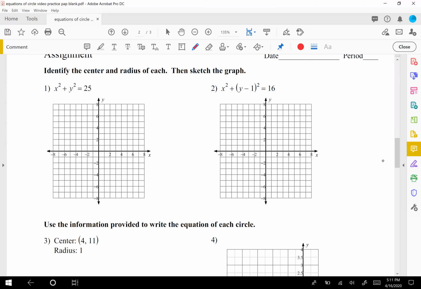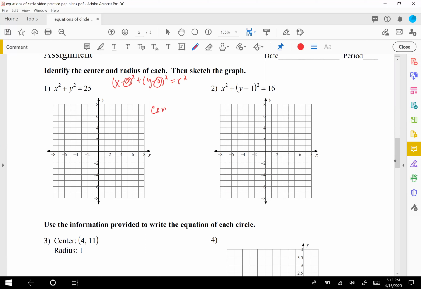Really what's going on here is (x − 0)² + (y − 0)² = r². You're not going to write down x minus 0, you're just going to say x, because x minus 0 is just x. So when you see this, you automatically know your center is at 0, 0, so it's at the origin.